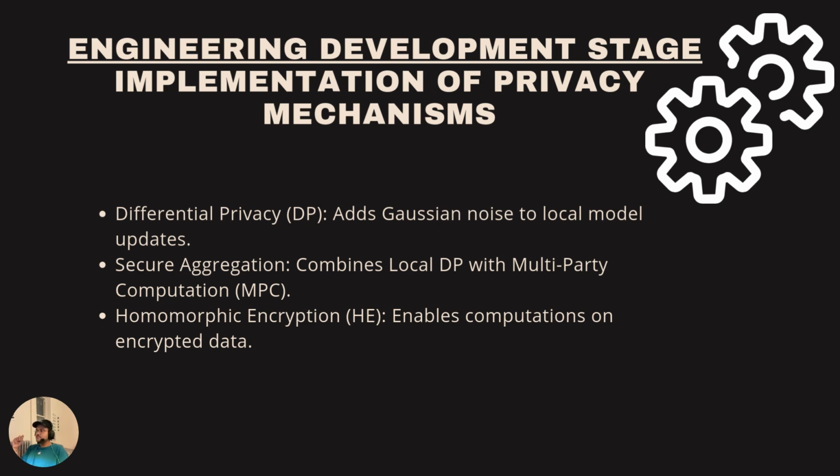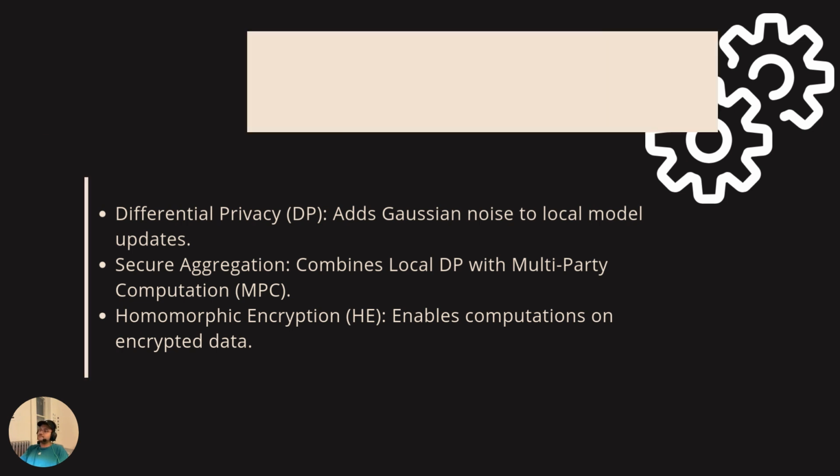MPC allows the server to aggregate encrypted updates without ever accessing the raw data. Finally, homomorphic encryption (HE) is implemented to perform computations on encrypted data updates. This ensures that even during processing, data remains encrypted, providing an additional layer of security. Together, these mechanisms form a robust privacy preserving pipeline.